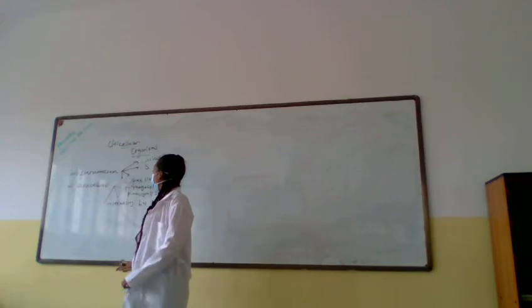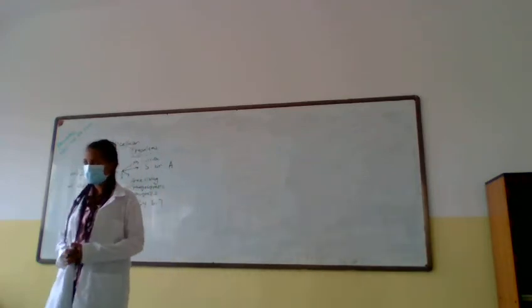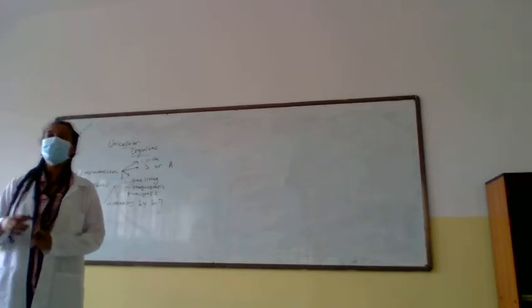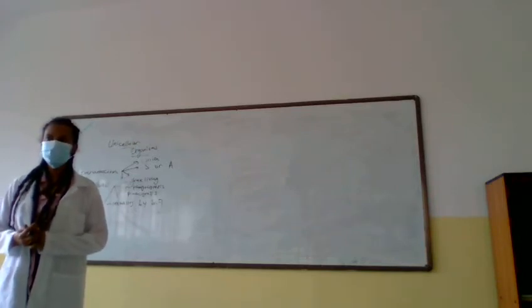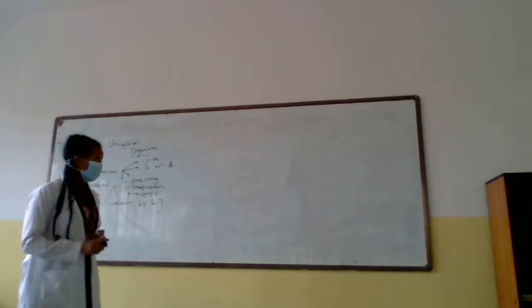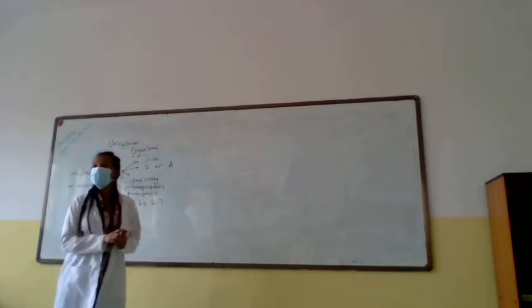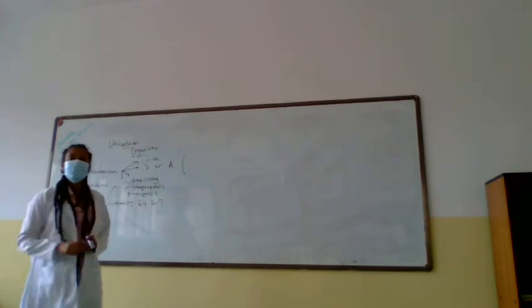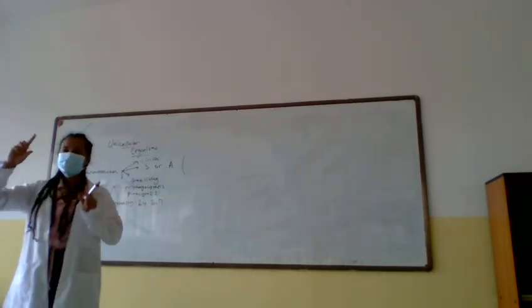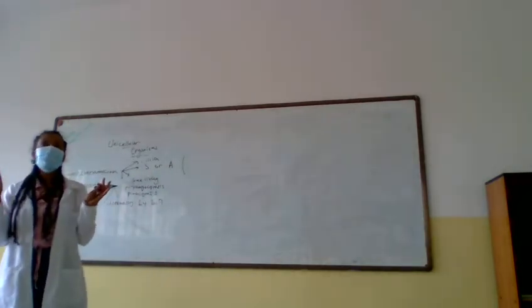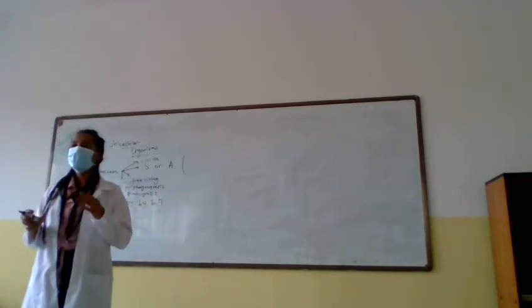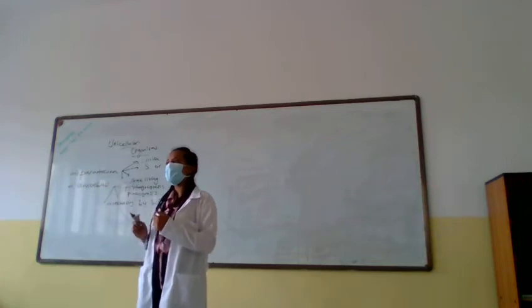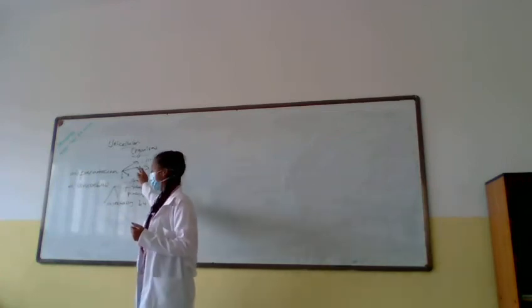And how about feeding? There are two kinds of nucleus present in paramecium. One is the bigger one. We call it macronucleus. Macronucleus is very important in the digestion of paramecium.